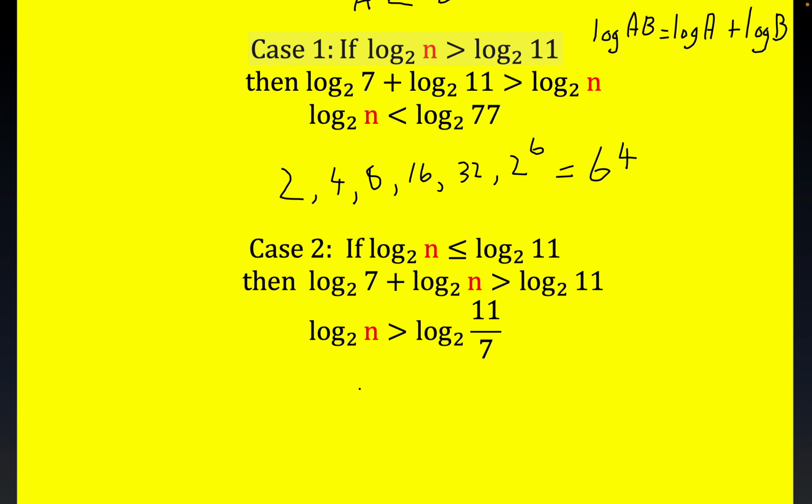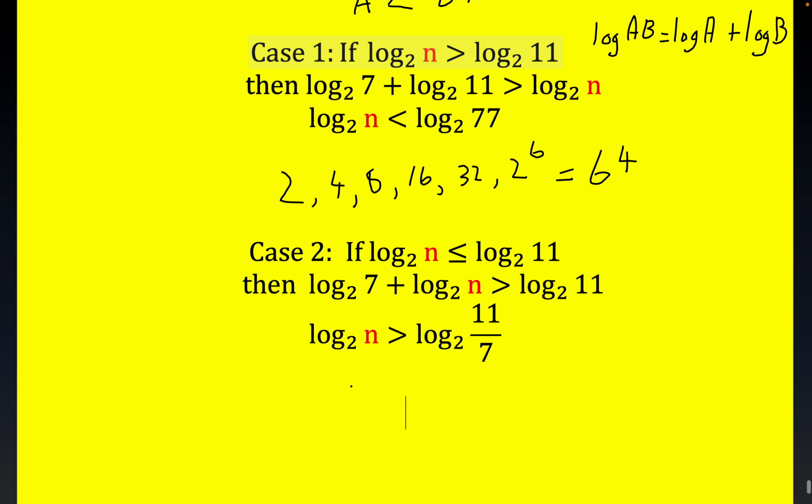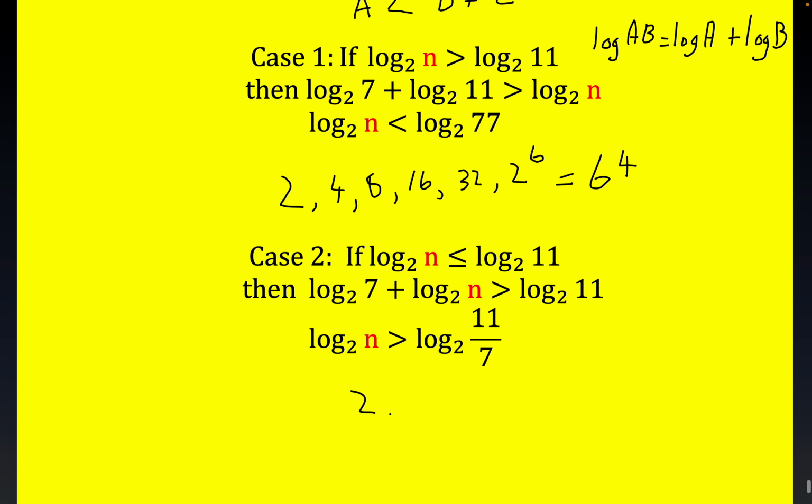The very same thing here: 2 is larger than 11 over 7, so you would have 2, 4, 8, 16, 32, 64. But since it's greater, we could just keep going forever, ad infinitum. 128 is 2 to the 7th. And I'll put the customary ellipsis right here.